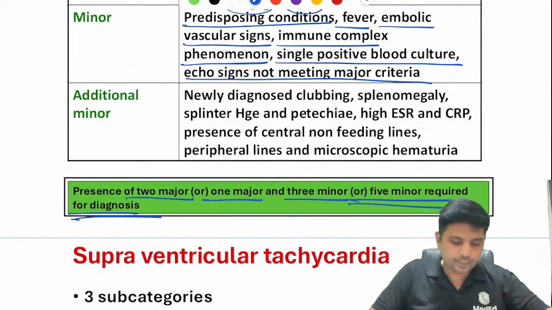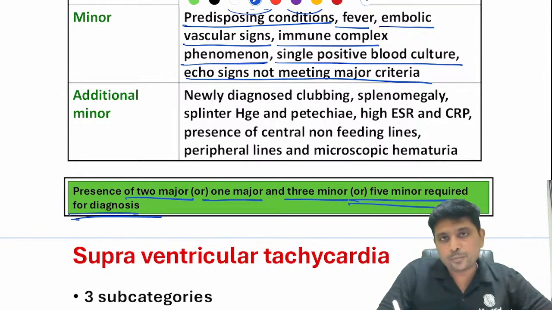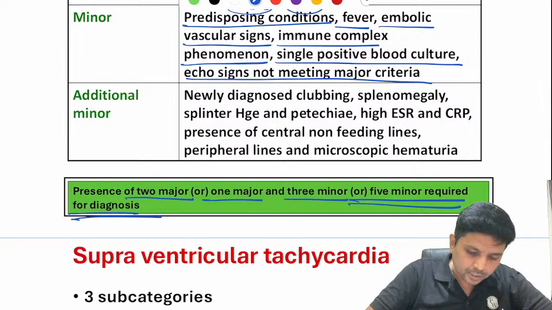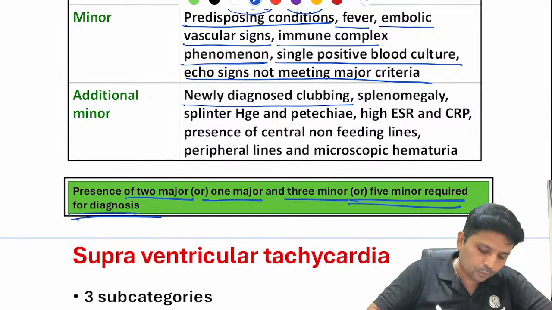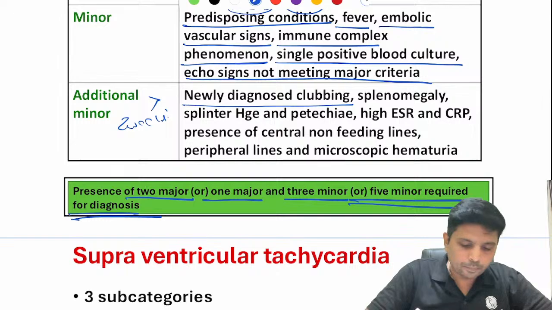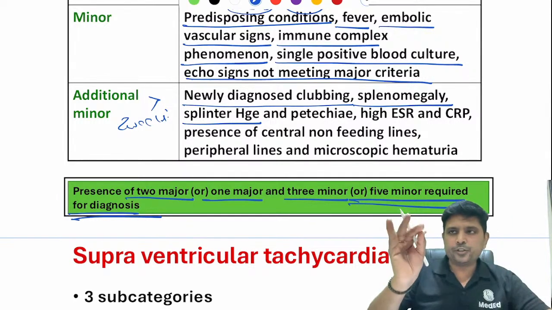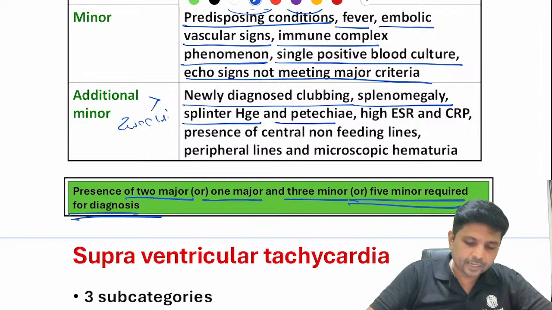Any child brought with low grade fever along with new onset clubbing, usually it takes more than 2 weeks, splenomegaly, splinter hemorrhages, petechiae.